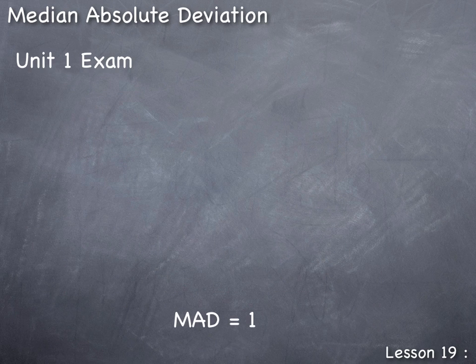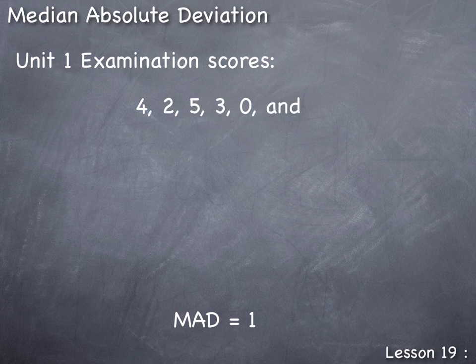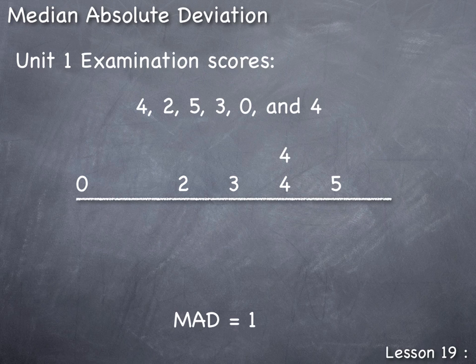To illustrate this, we could take the student's Unit 1 examination scores and display them on a number line. Now, in a previous example, we have already calculated the median for these data values. That is, the center divider, where half the data is less than and half the data is more than, was 3.5. So the median is our point of reference in the median absolute deviation.